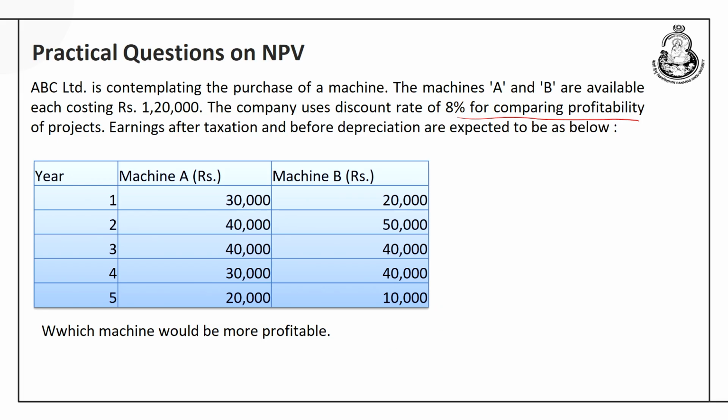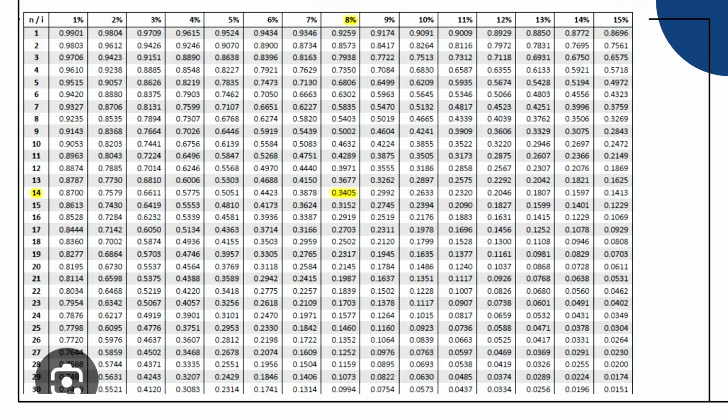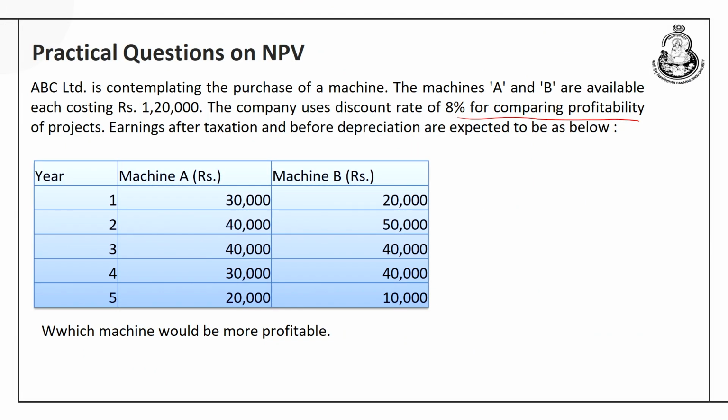Now, the decision has to be taken as to which machine is more profitable, and this decision would be based on the net present value method. Again, we have to convert the future cash inflows to their present value using two important things. Number one, the year in which the cash flow has been generated, and number two, what is the rate of interest or the cost of capital.